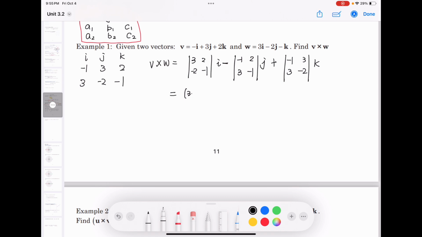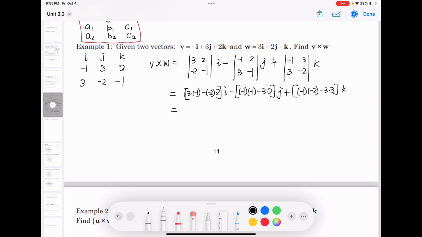Parentheses 3 times negative 1 minus negative 2 times positive 2, brackets I. And then minus, let's use brackets, negative 1 times negative 1 minus 3 times 2, J, plus brackets negative 1 times negative 2 minus 3 times 3, K. Let's do the computation.